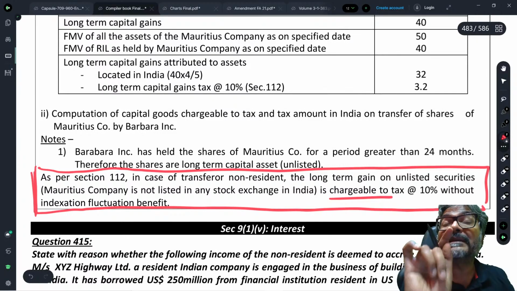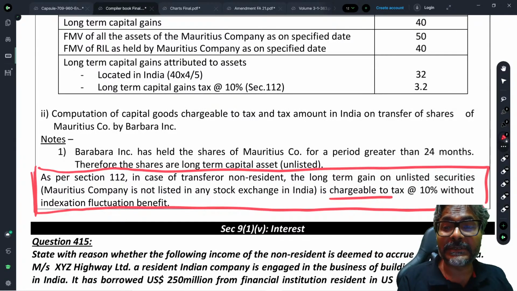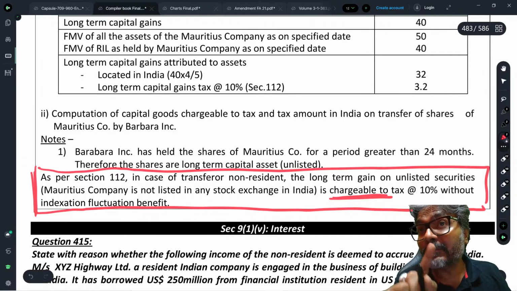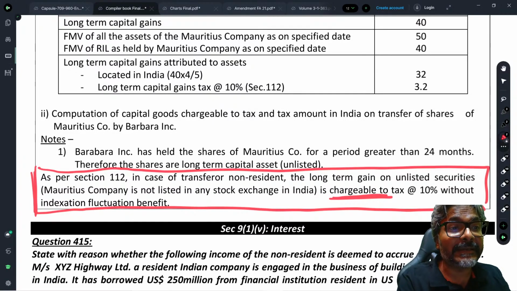Now, an unlisted security, if that is transferred, which is a long-term capital asset, students, be careful, there will not be any indexation applied. The long-term capital gains will be calculated without applying the indexation, and the rate would be 10%.